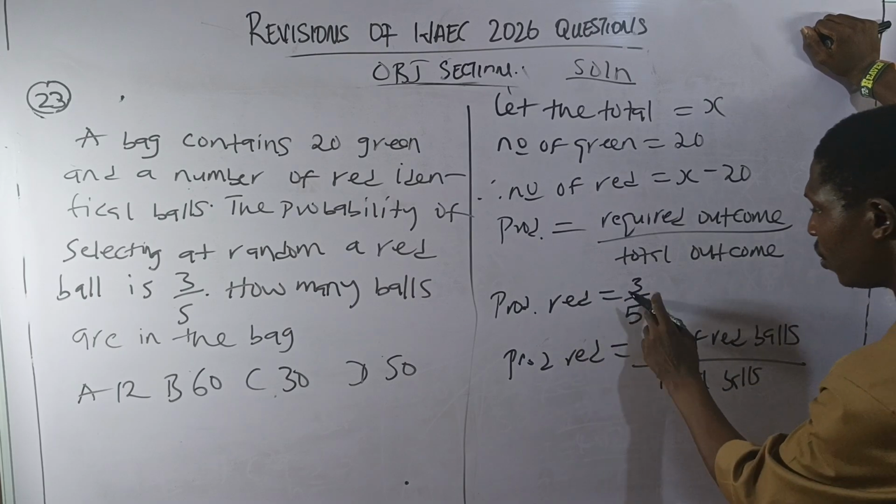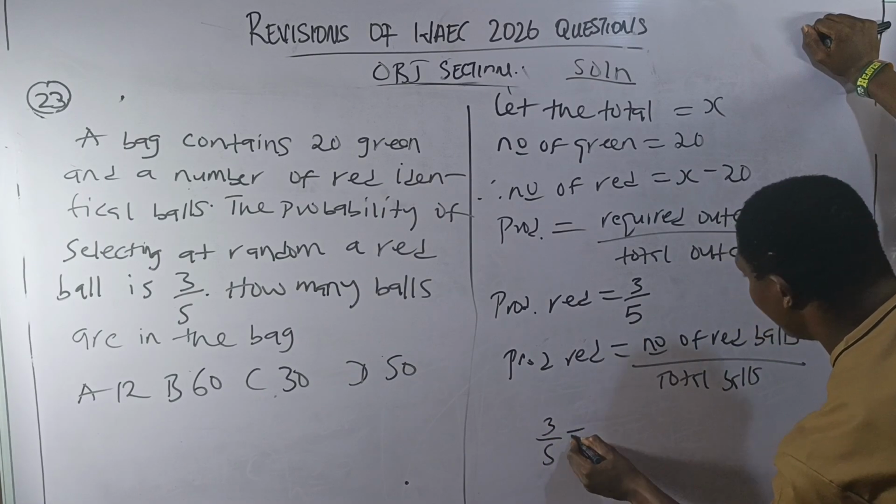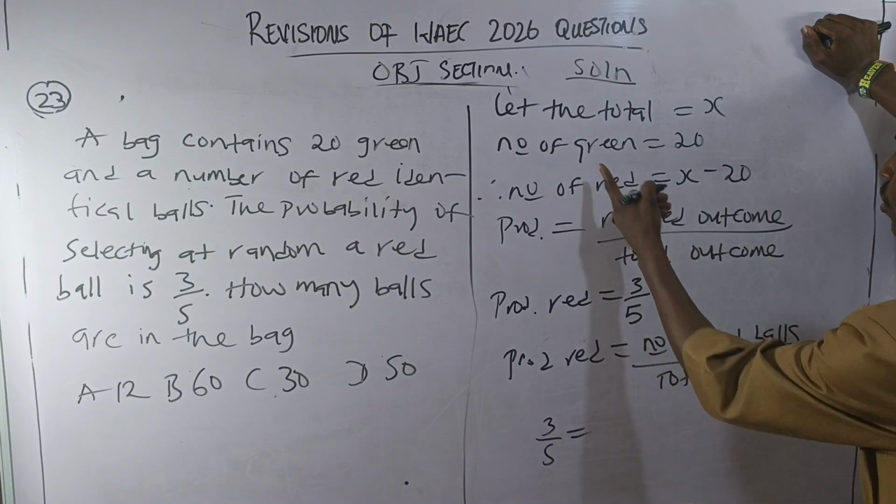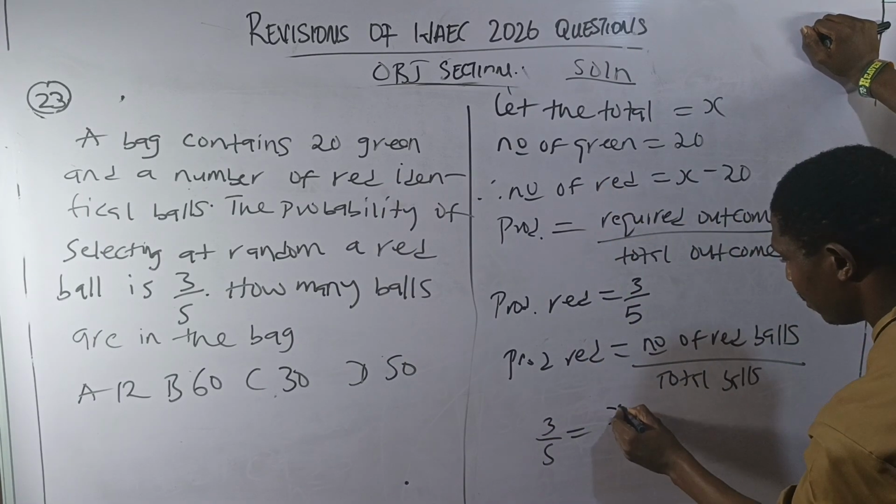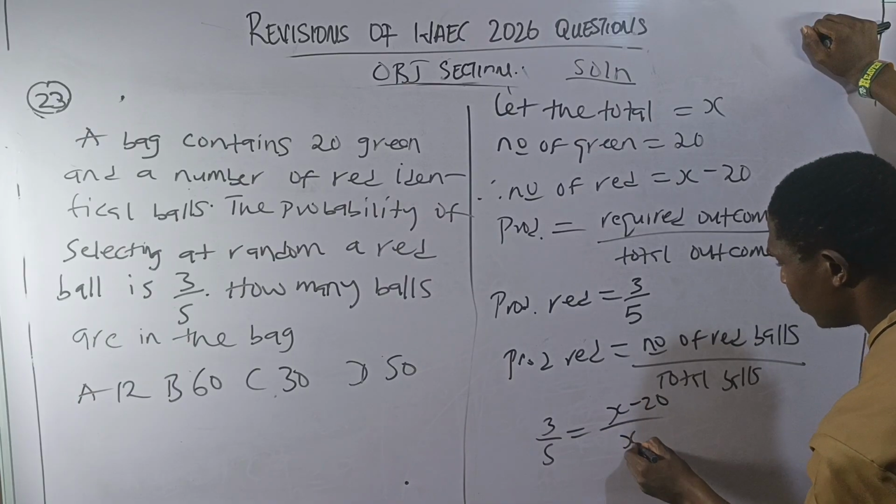Now we have 3/5 equals the number of red balls, X minus 20, all over total balls X.